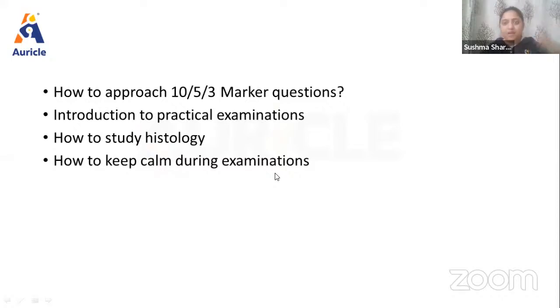Now it hardly matters how much marks I've scored, but all that matters is that the knowledge of anatomy that I gained back in first year is helping me immensely in my clinical practice, helping me immensely in my diagnosis, isn't it? So that is all that matters, and that is the truth.